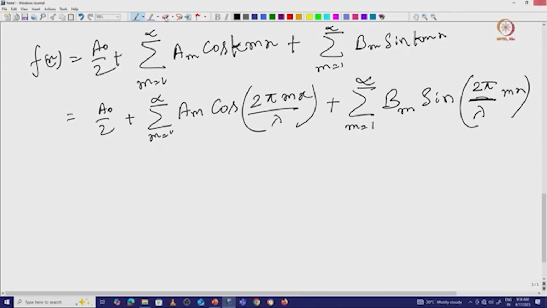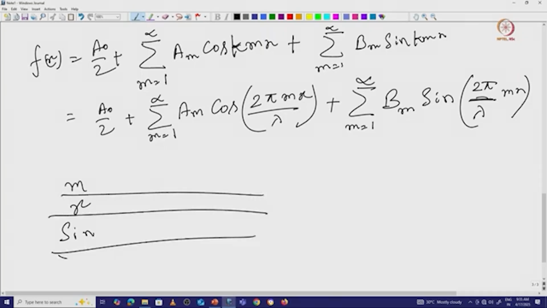So, sorry, let me write that m properly, m equals 1 here. If we just vary that m, I am telling that frequency is 1, 2, 3, 4, that number is changing, right. So, here if we make a table, m, x and that sine, what do we get?